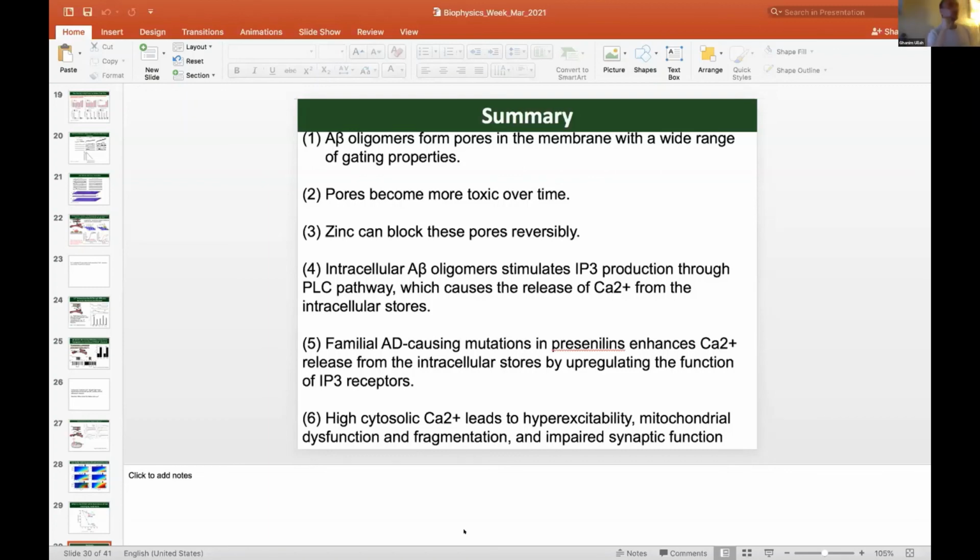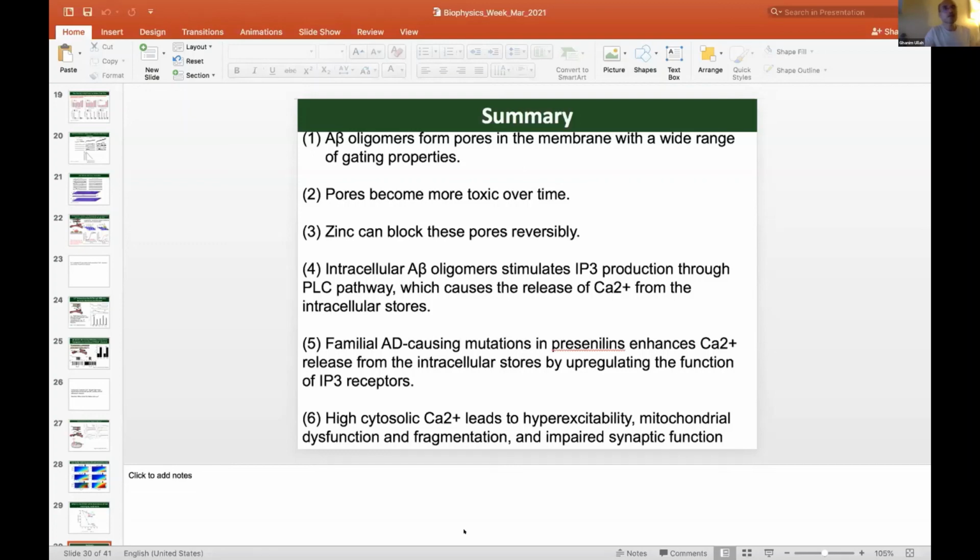Yeah, so actually that's a good question. And because of your comment, we usually don't use the word channel for them. We call them pores because they do seem to have channel-like properties. They basically open and close. They have multiple conductance levels.